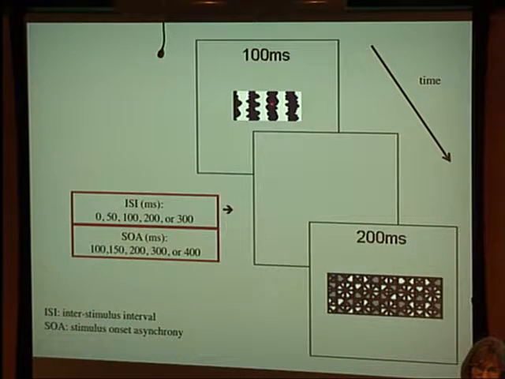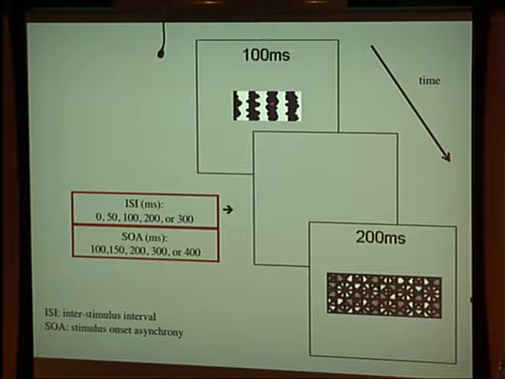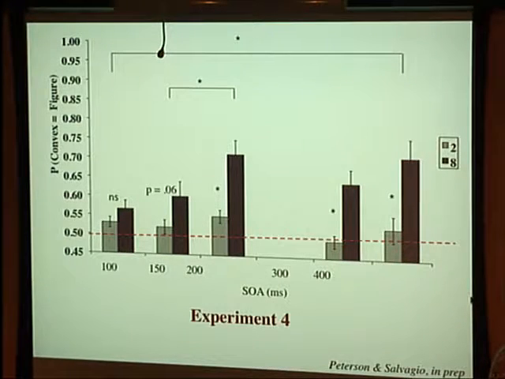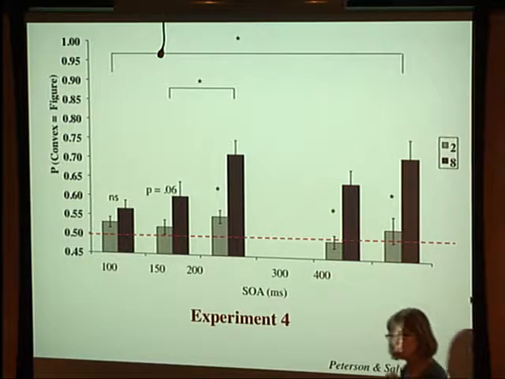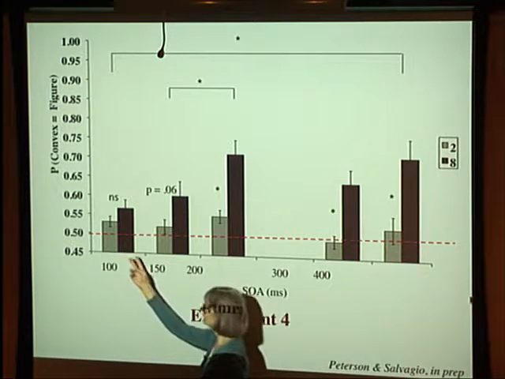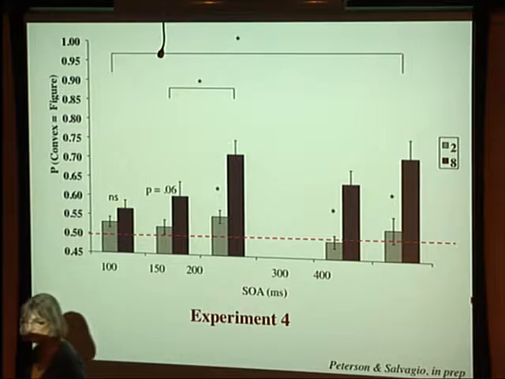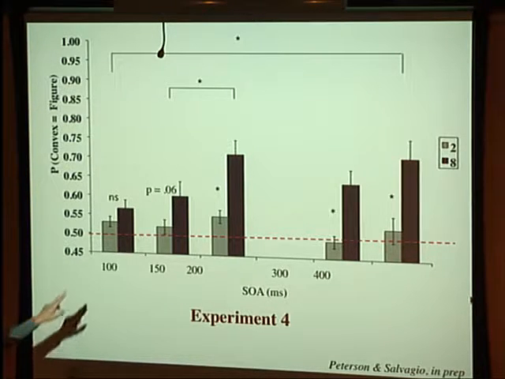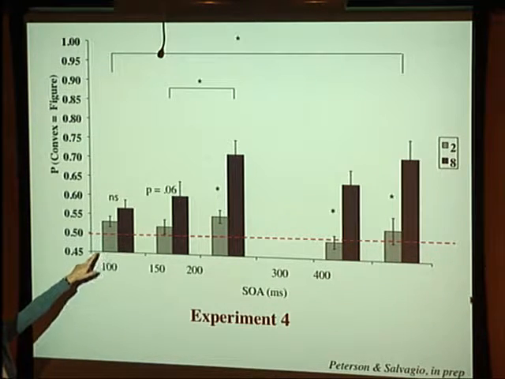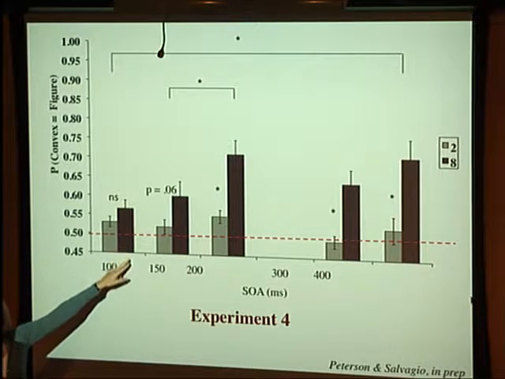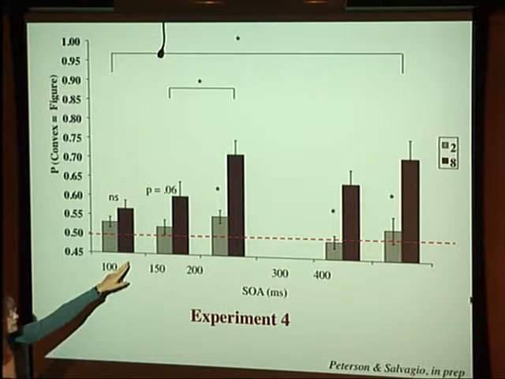And if there's competition going on, we're going to expect to see that it takes time to observe our context effects. And that's indeed what we found. If the mask came on immediately after the black and white displays, there was no statistical difference between how likely subjects were to see the convex regions as figure in 2-region displays and 8-region displays.